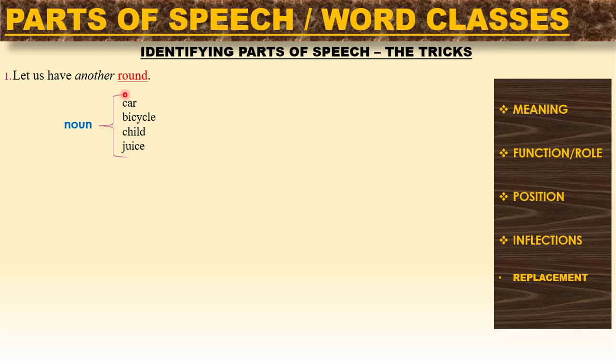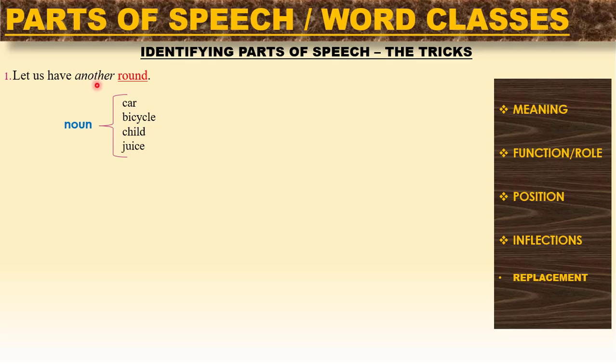This means that round is also a noun. So if car can replace round, then it means that round is a noun. If bicycle can replace round, then it means that round is a noun. Therefore, using the replacement test, any word that can replace that word you are looking at can give you an idea of what this word is about.